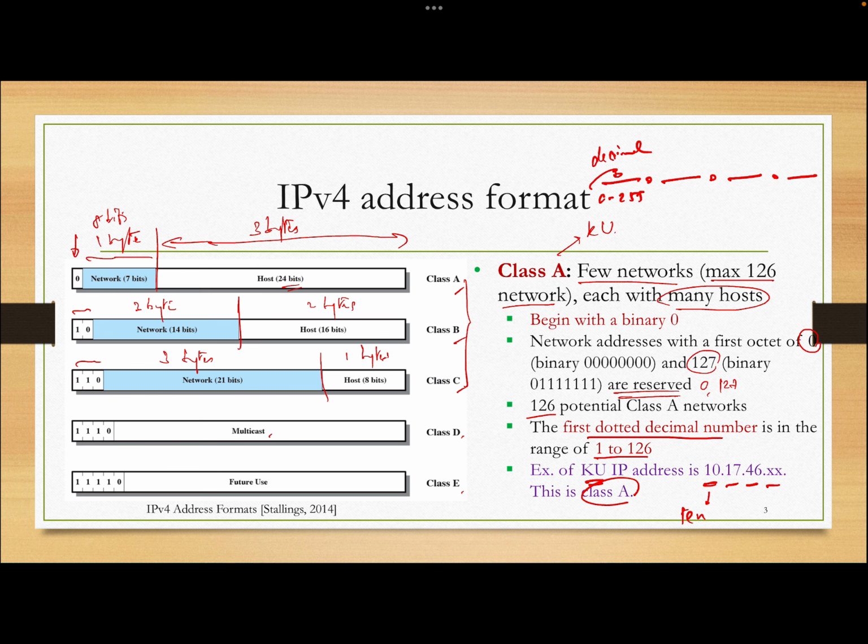So class C has the smallest size of network, with only a few hosts, but class A is the biggest size network.